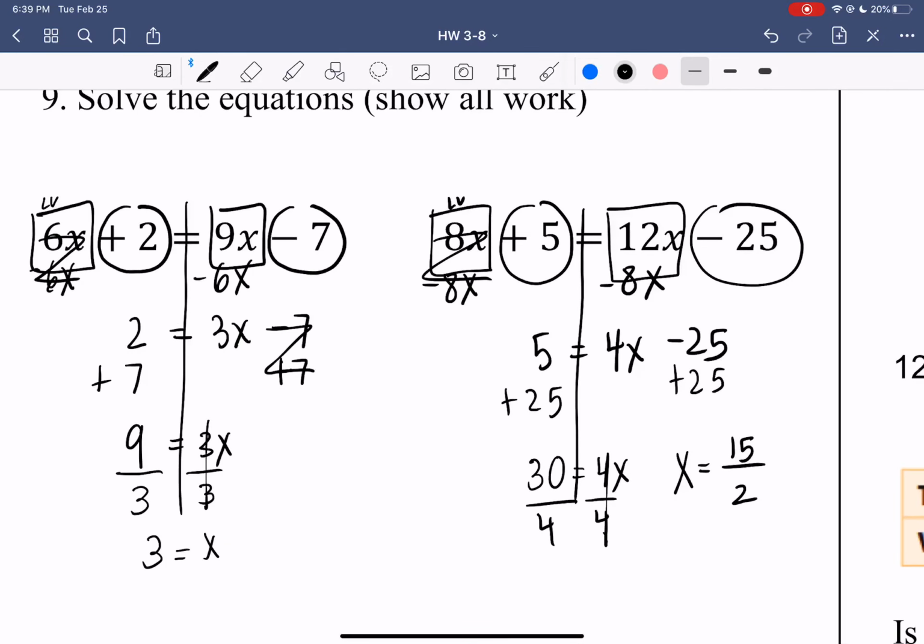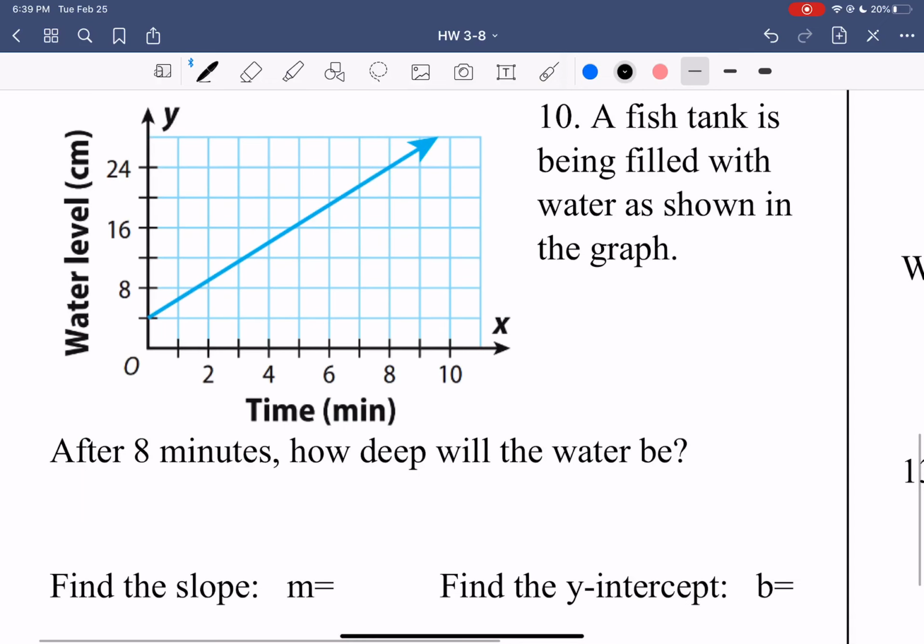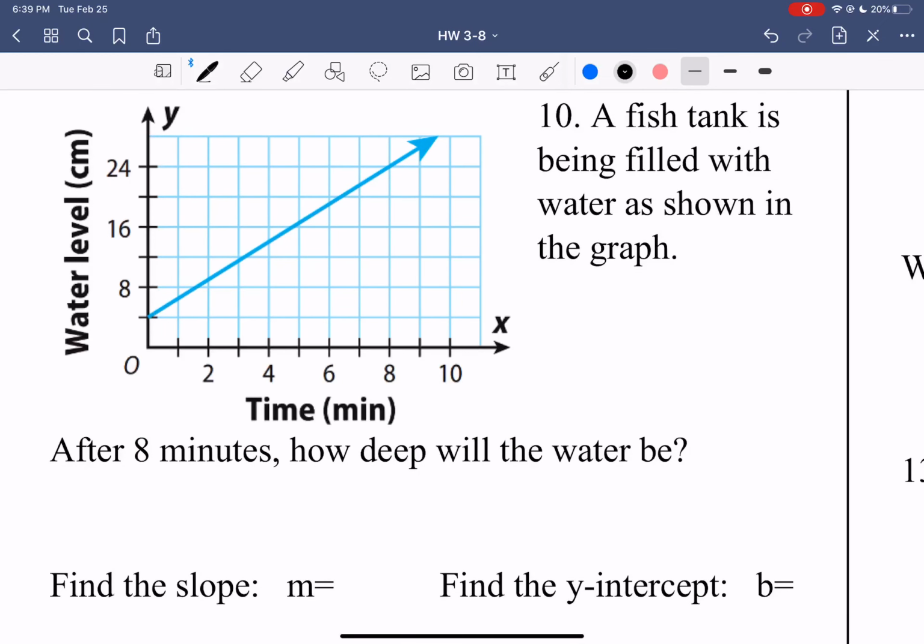All right, number 10. A fish tank is being filled with water as shown in the graph. After 8 minutes, how deep will the water be?